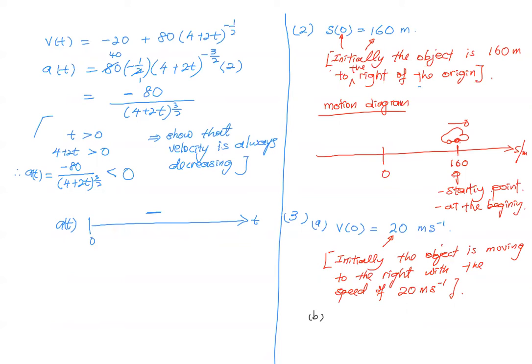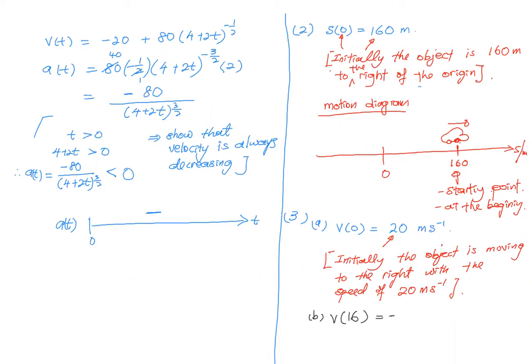The velocity of the object when t equals 16. What should I do? Yi Xuan: substitute 16 into the v(t) function. Okay, good. So what is your answer? Negative 6.67 meter per second.